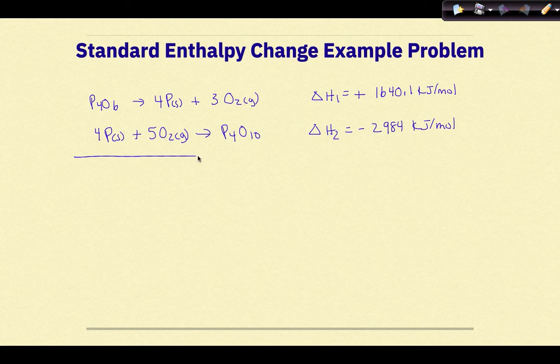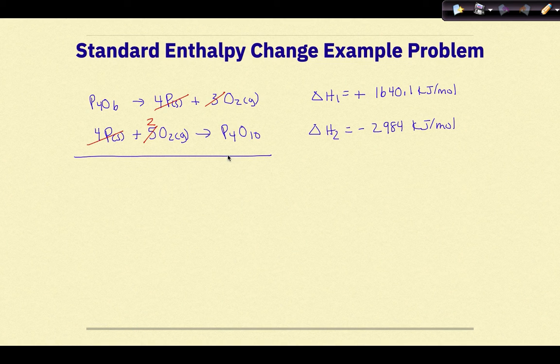Now I want to combine these two equations together to get my original equation that I had at the top of my previous page. So what can cancel here? Well, the 4 moles of phosphorus cancels with 4 moles of phosphorus. I have 3 moles of oxygen gas as a product and 5 moles of oxygen gas as a reactant. So I can cancel out these 3 with a leftover of 2 moles.